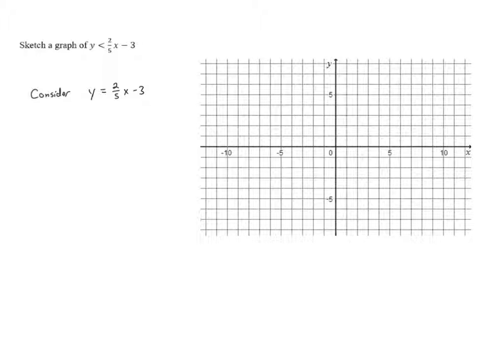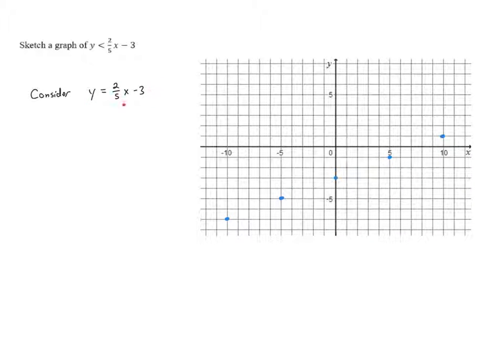We would start at the y-intercept, which is -3, and then the slope is 2/5, so we'd go up 2 and to the right 5, and then up 2 and to the right 5. We could also go down 2 and to the left 5, and down 2 to the left 5 to get points. But here's the thing.